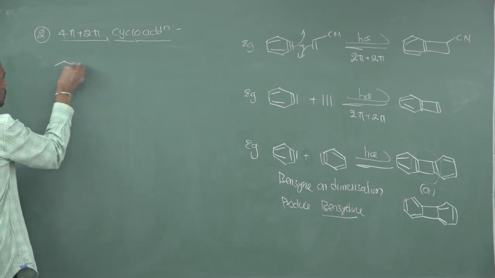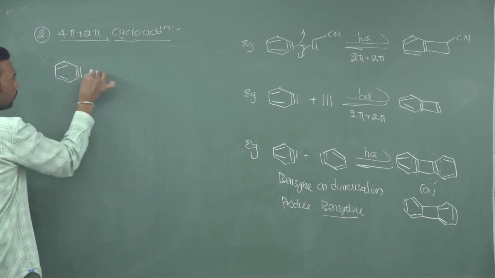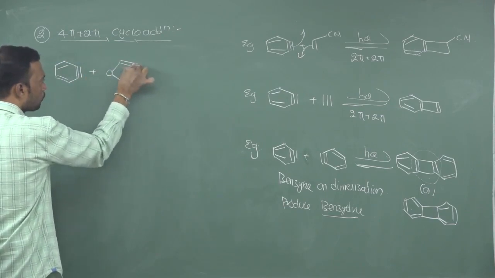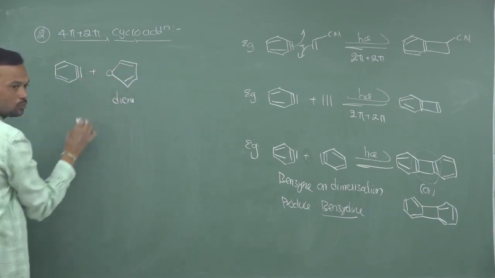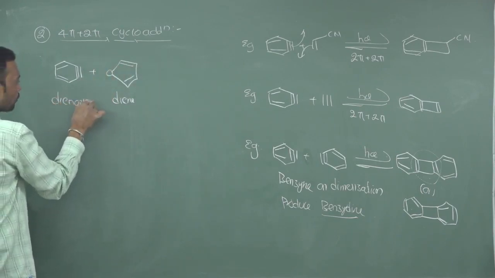Now how many pi electrons can participate in benzene? Only two. Now they will definitely give one diene and one dienophile. What is this? This is a diene. We need to use these 4 pi electrons and here we need to use 2 pi electrons. So this is called the dienophile.